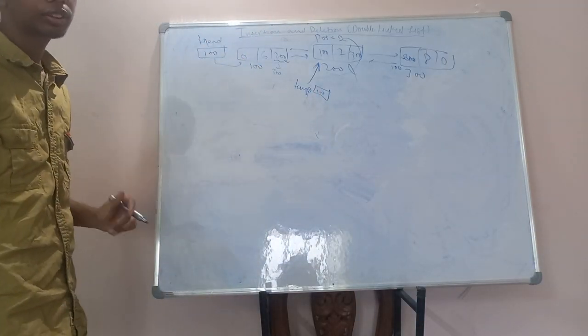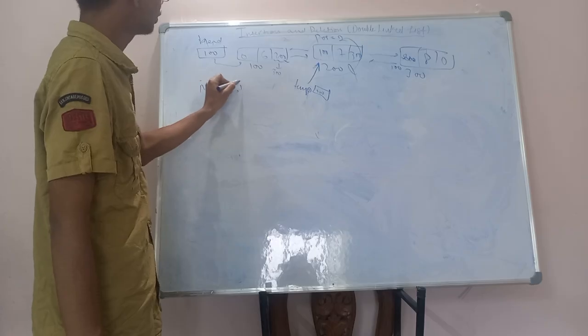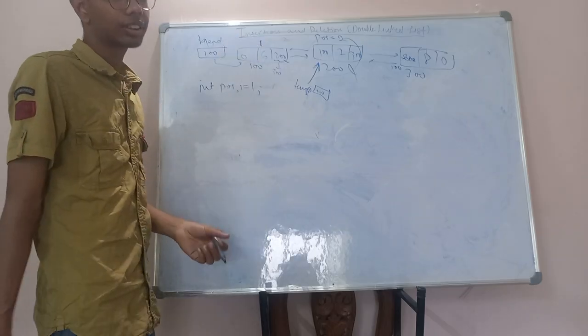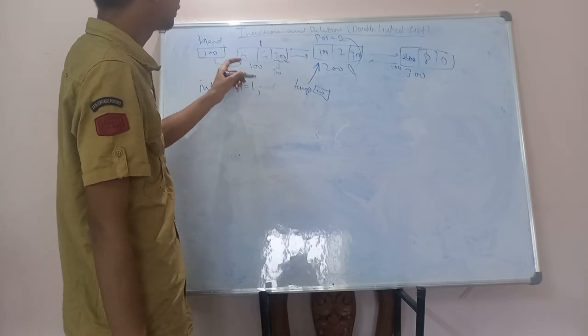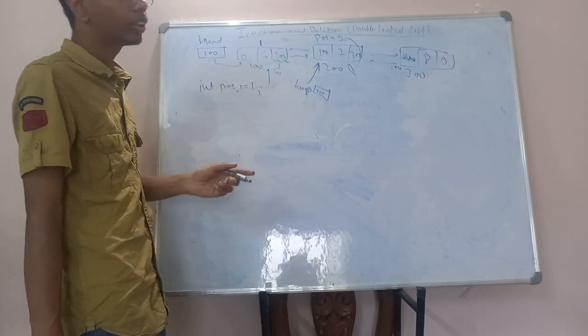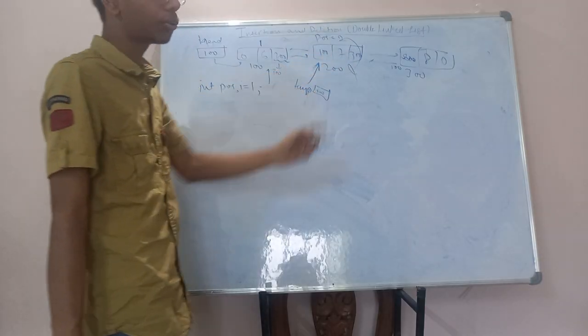So what I am going to do now, I will take int position and i equal to 1, right. When my loop runs, the first time temp will be from the beginning here, but when the loop runs, temp will go there, right.